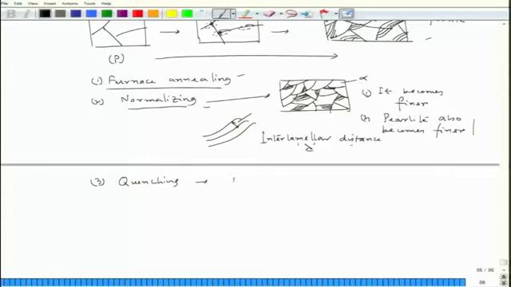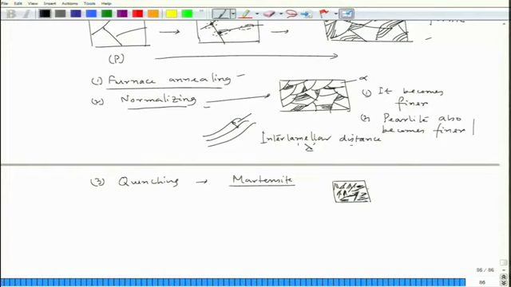Immediately the temperature will drop, and I get a martensite structure. This is a metastable or non-equilibrium phase, and the microstructure is a kind of sharp needle-like structure. The structure becomes like this.